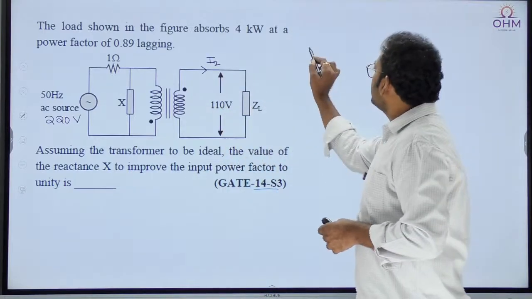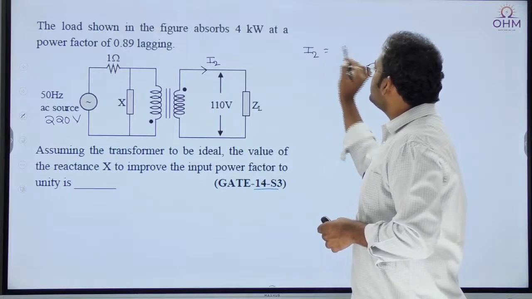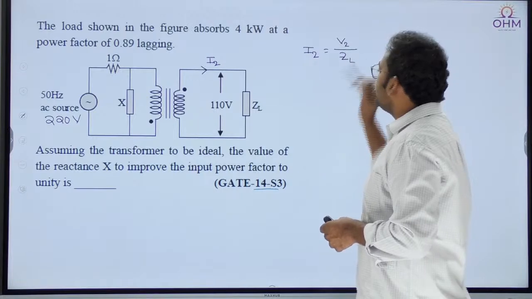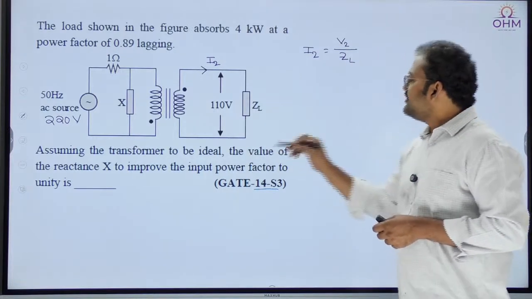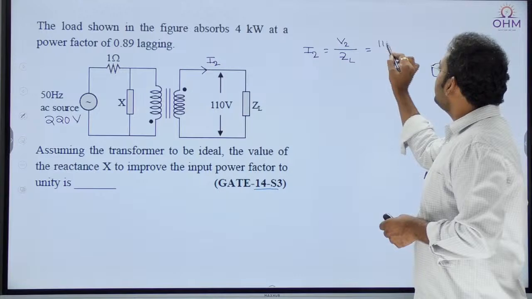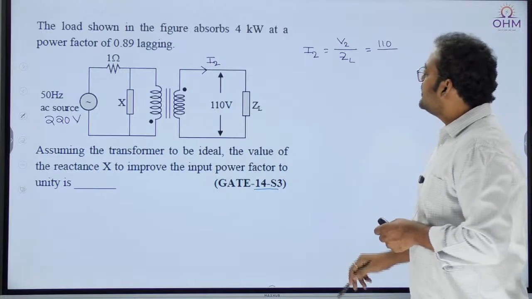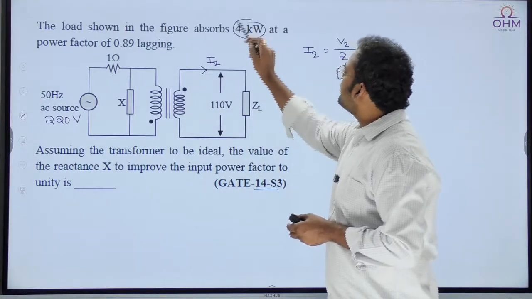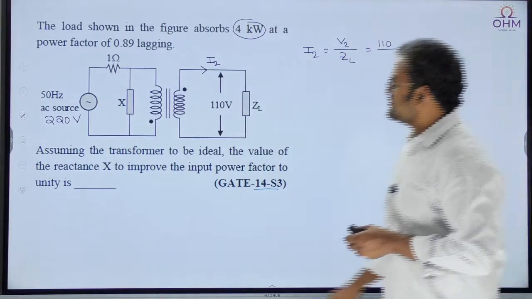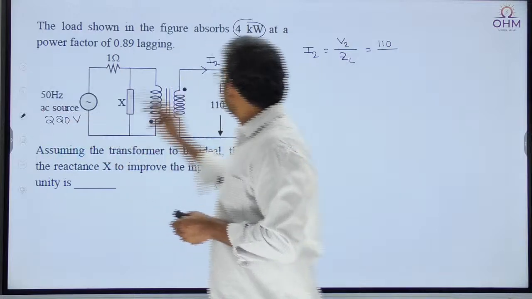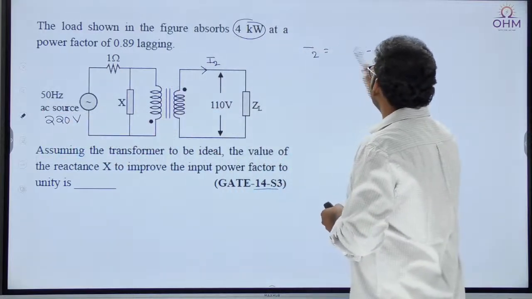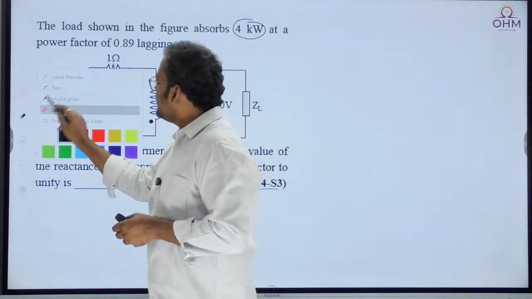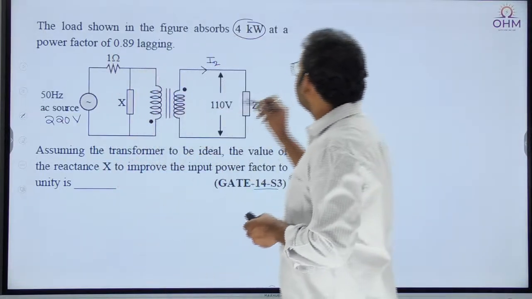If I calculate load current I2, can I say I2 is equal to voltage V2 by the load impedance? What is the voltage V2? 110 divided by the load impedance. I don't know the load impedance, but power was there, right? Instead of impedance, we better use the power equation. The load power was given, 4 kilowatt, at a power factor of 0.89 lagging.